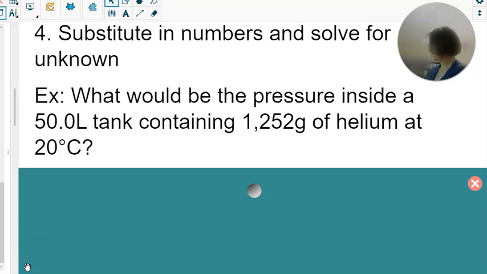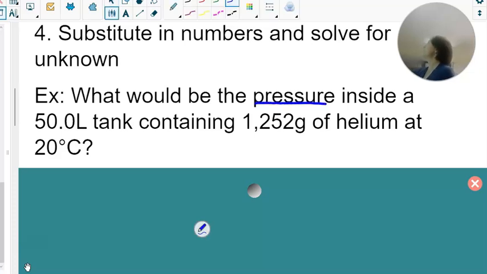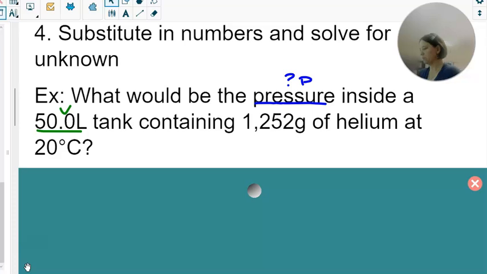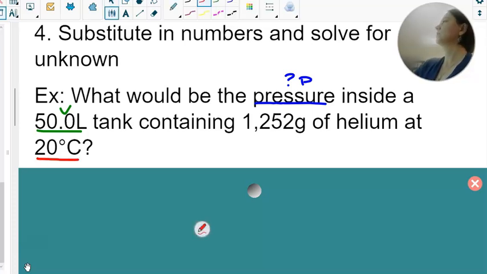We're looking for the pressure inside a 50-liter tank, which we know is our volume, containing 1,252 grams of helium at 20 degrees Celsius, which is our temperature. And then I know we're supposed to find N, our number of moles, but that isn't number of moles, that's grams. You can convert grams into moles.